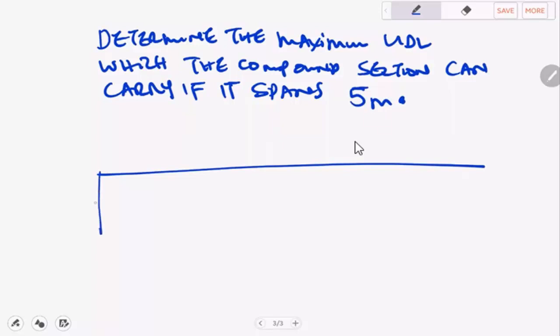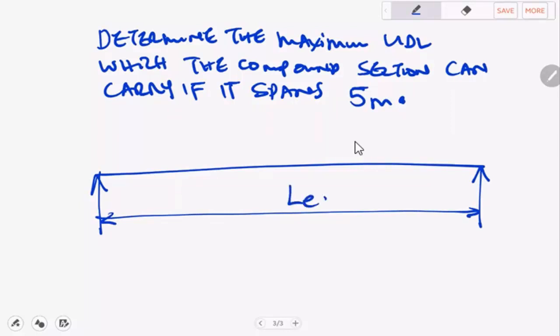So you've got a beam, right? It's simply supported. And this beam has got a span of Le. And we are told that this thing has got a self-weight.